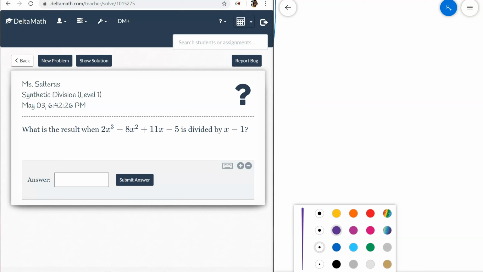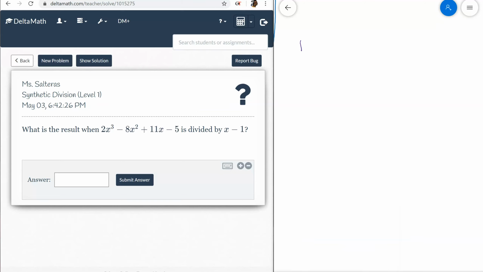Again, on the box here, I'm going to write a positive 1, because it's the opposite sign of your divisor. It's x minus 1, so this would be a positive 1. You don't need to write the positive sign. If you want to, go ahead. I don't.